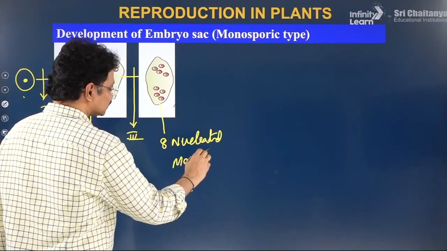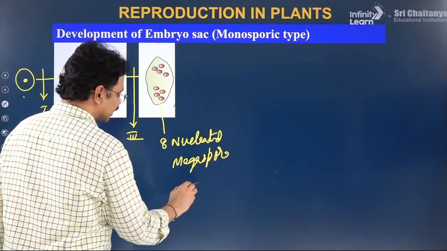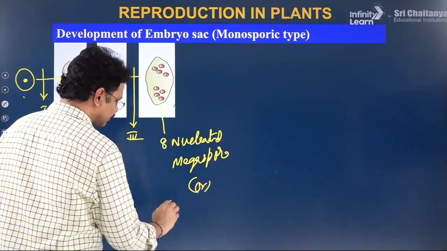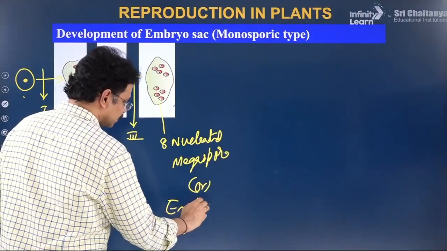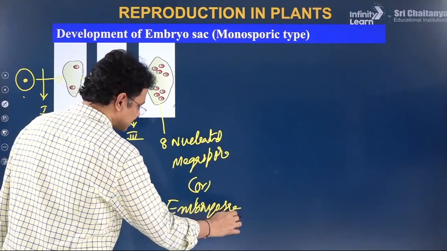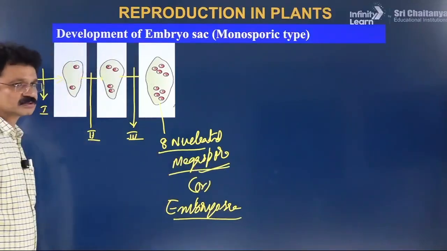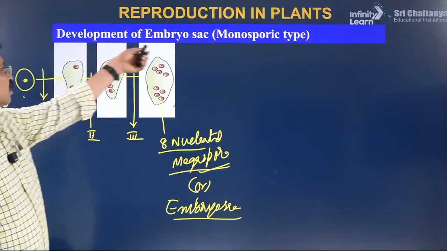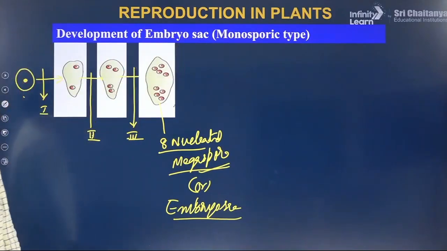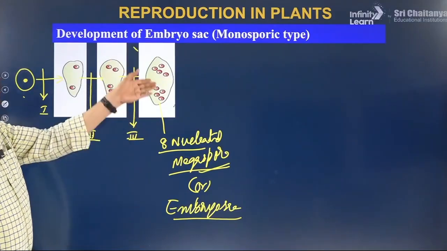From this stage onwards, we can use another name for this megaspore, that is an embryo sac. The term embryo sac is applicable from the 8 nucleated stage onwards. It is the development of an embryo sac. Simply, we can ask a question here also.